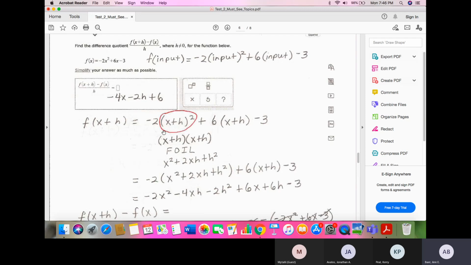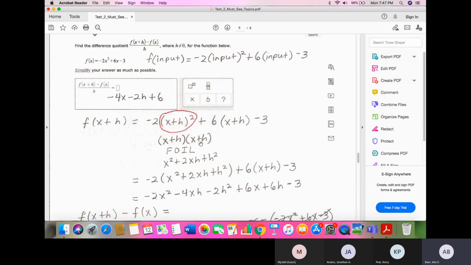Before we go on, we want to do all we can with f of x plus h. This exponent here, this power here, means we take 2 of this base x plus h and multiply them together. This is a binomial squared. So we take 2 of this base x plus h and multiply them together.